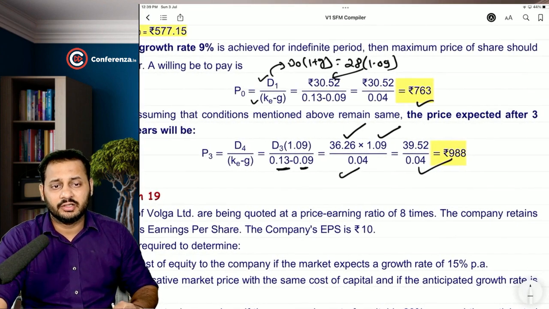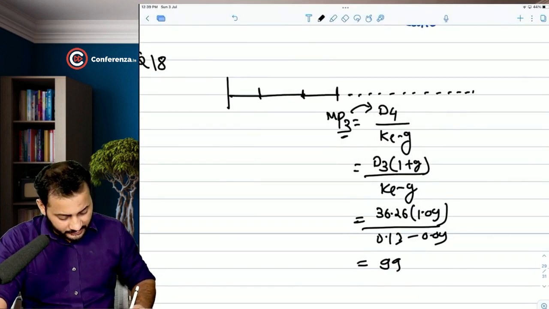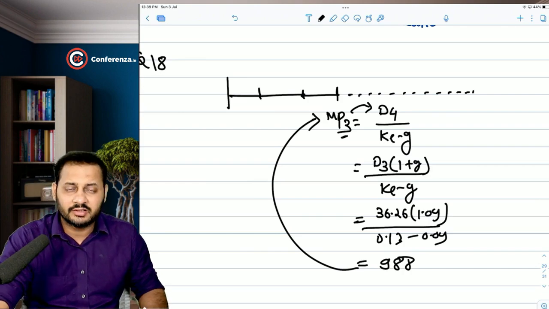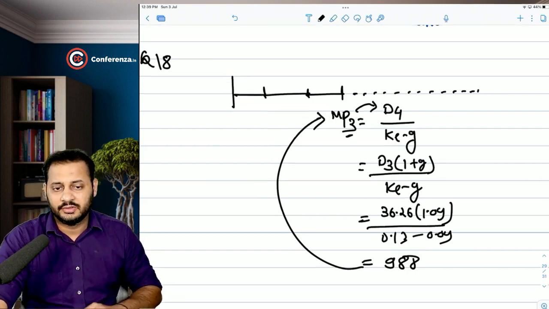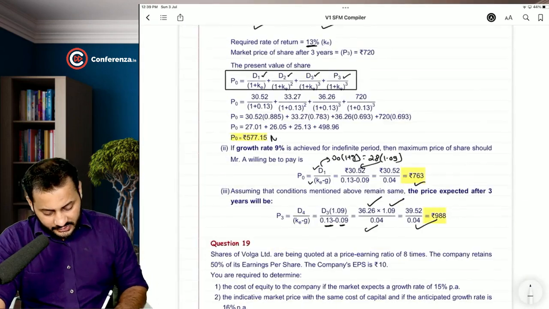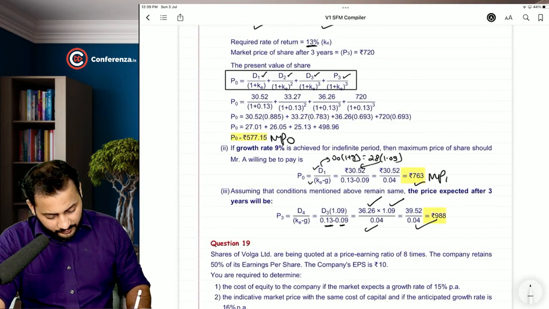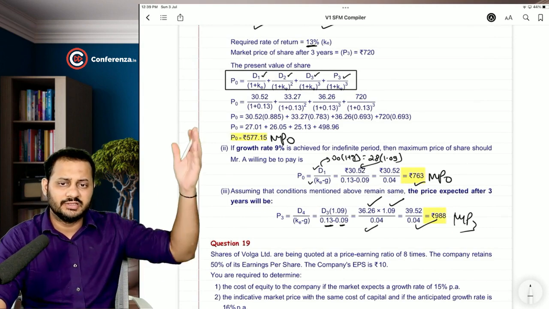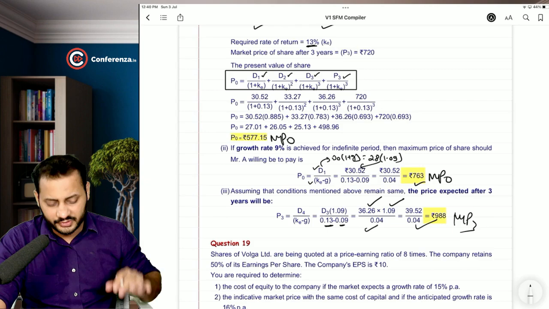So understand that the theoretical price of 988 rupees stands at the third year end. So these are the three figures. You can say MP0 and MP3 market price, or P0, P3. I hope this is clear to you.